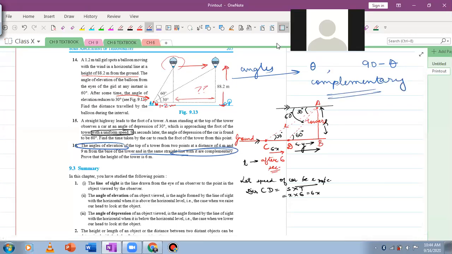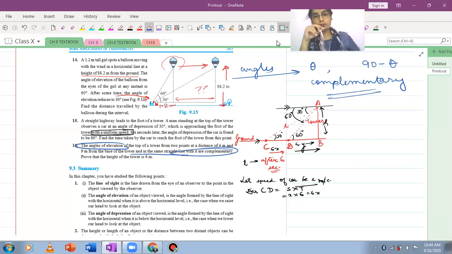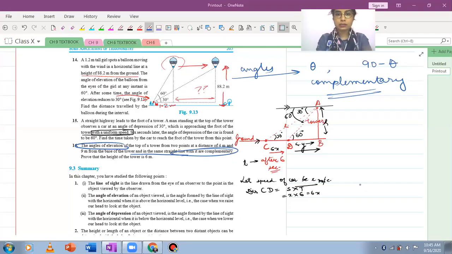Excuse me, ma'am. Yes, Shreyas? Ma'am, can you please refresh the screen? Okay, it's not moving. Ma'am, yes. Okay, let me just stop sharing and then share it again. That works. Did it work?